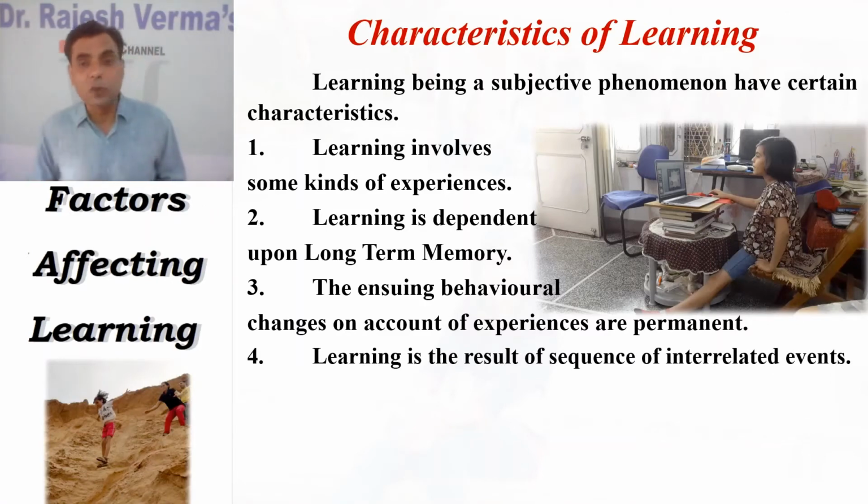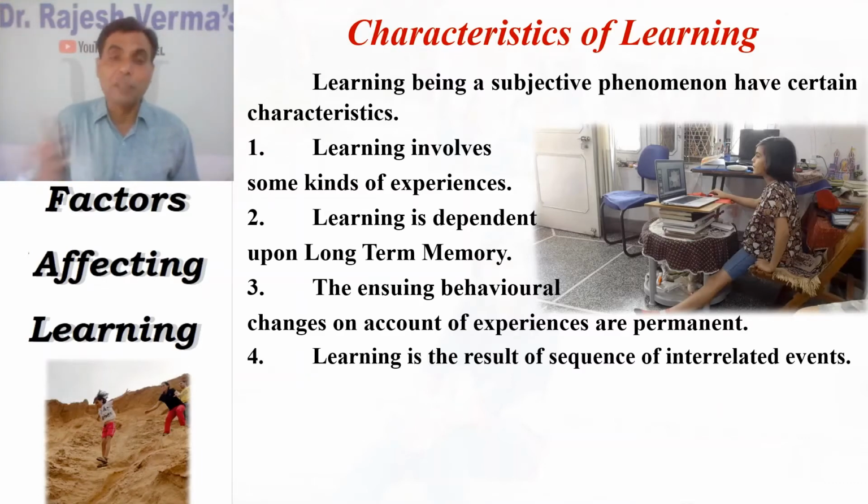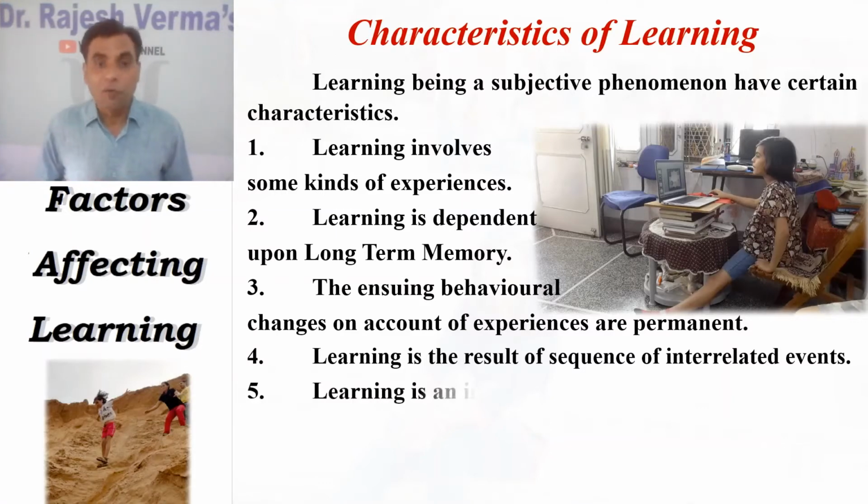Learning is the result of a sequence of interrelated events. When you learn something, when you experience something, a chain of events occurs, and all those events are interrelated. Due to that interrelation between the events, learning occurs. Then the fifth is that learning is an inferred process. We do not learn the whole process.